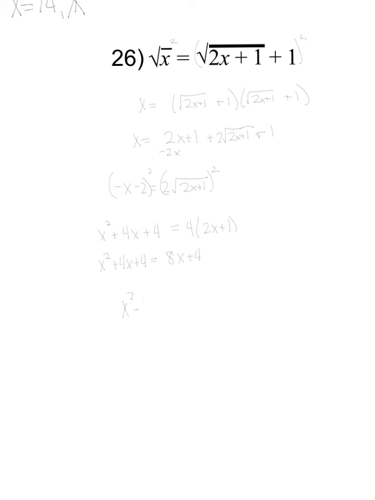So x squared minus 4x equals 0. X times x minus 4. X equals 0 or 4. Let's see if both of these work. 0 does not work. 4 square root 2. Four does not work either, so this one is our no solution.